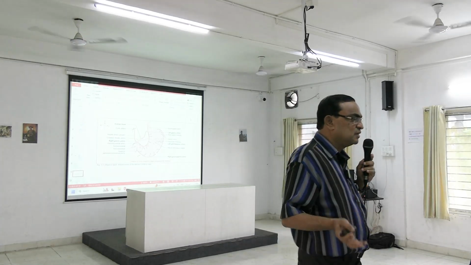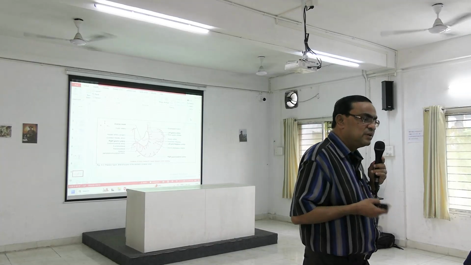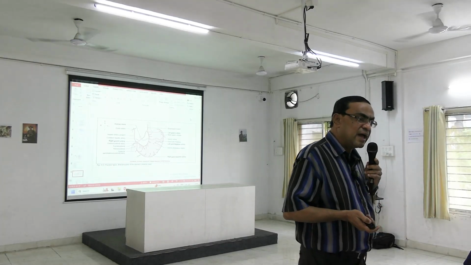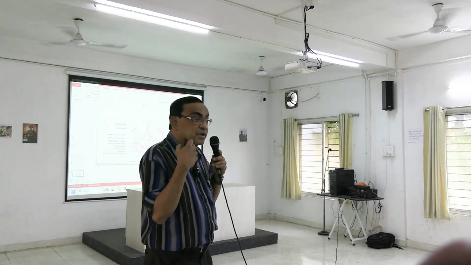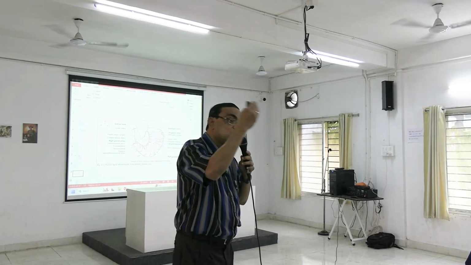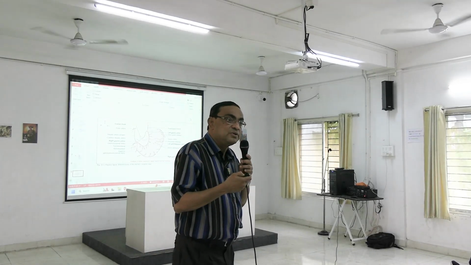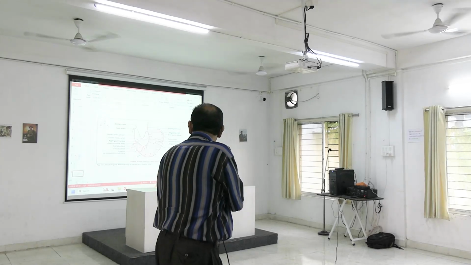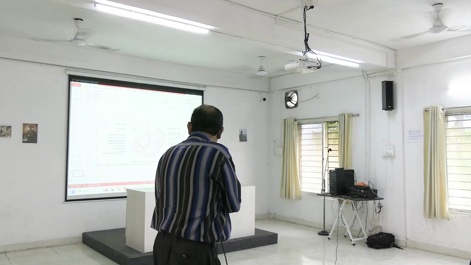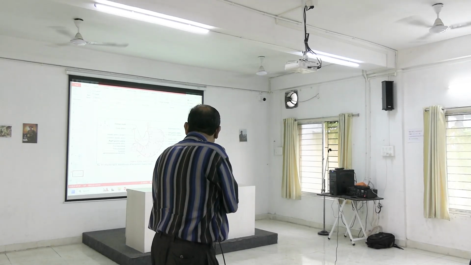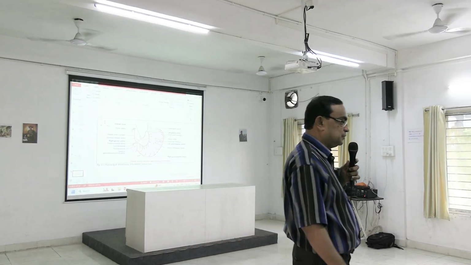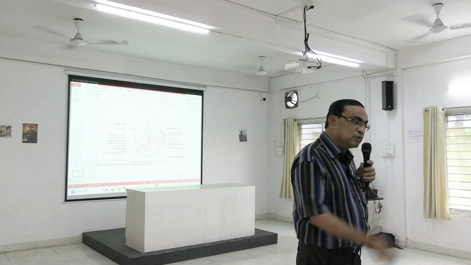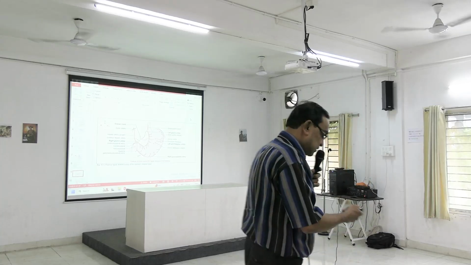So the branches are coming directly or indirectly from the gastroduodenal artery. The name suggests gastro means stomach and duodenum. So in this gastroduodenal artery, gastro means right gastroepiploic, and this is the superior pancreatico-duodenal artery. So this is about the celiac trunk.